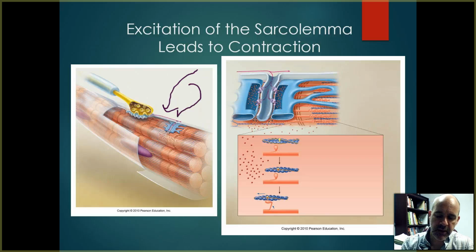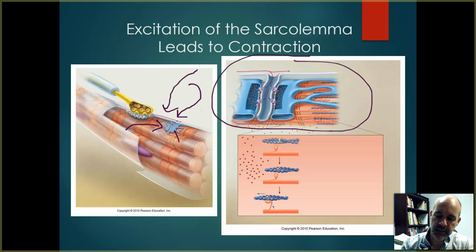And like they're showing you here, it goes down inside those T-tubules that we learned about, those little extensions of the cell membrane that go down inside the muscle fiber. Those T-tubules are located up against the SR compartments. And this is all blown up for us over here.